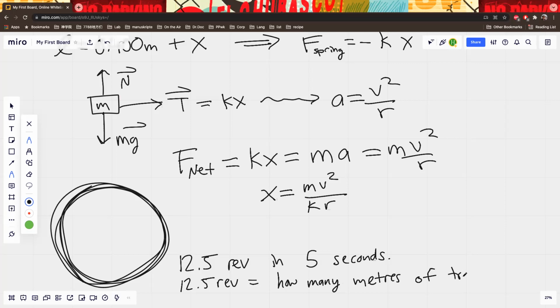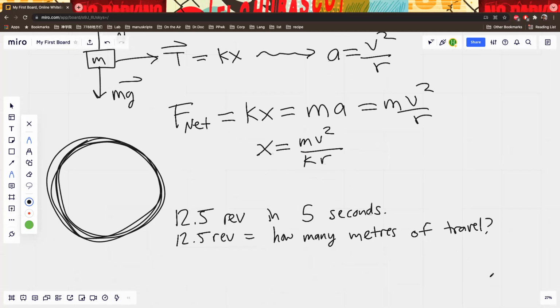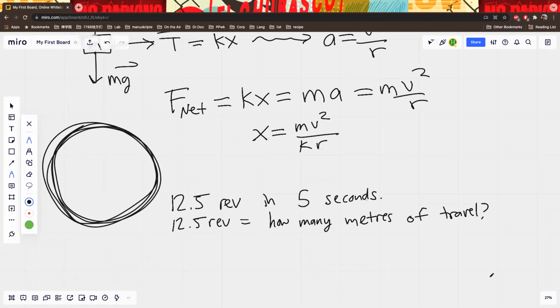For that, we need to find the circumference of the circle. Is it just 2 pi r? Exactly, 2 pi r. That's the amount of traveling it does for each circle, and then you multiply by 12.5 revolutions per second.